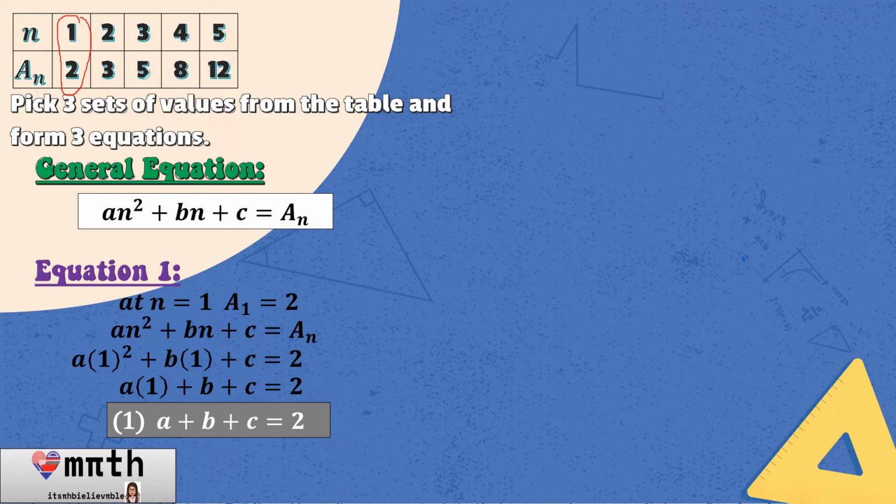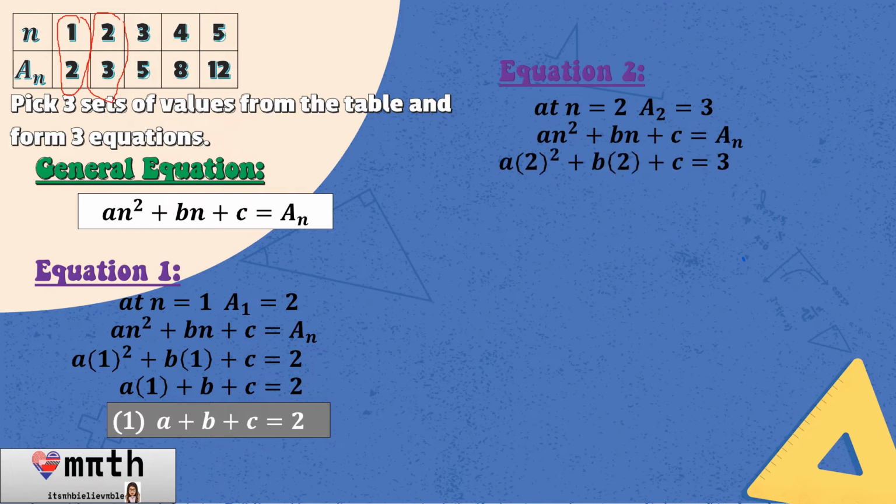Now, let us try to get the equation number 2. In equation number 2, I'm going to choose n is equal to 2, so I will be able to get the value of a sub 2 or the second term, which is equal to 3. And again, let us substitute to the general equation. We're going to have a times 2 squared plus b times 2 plus c is equal to 3.